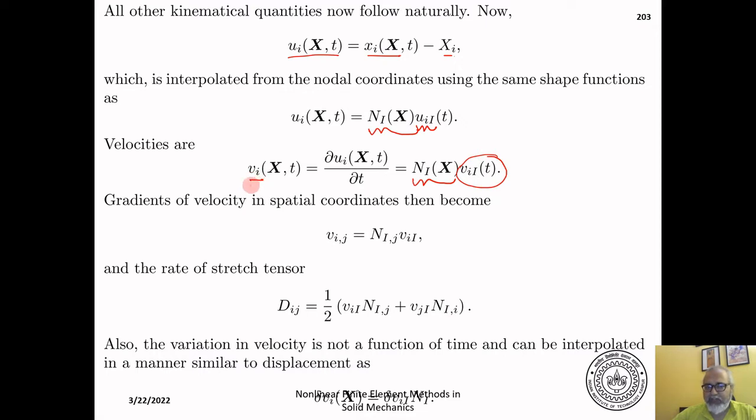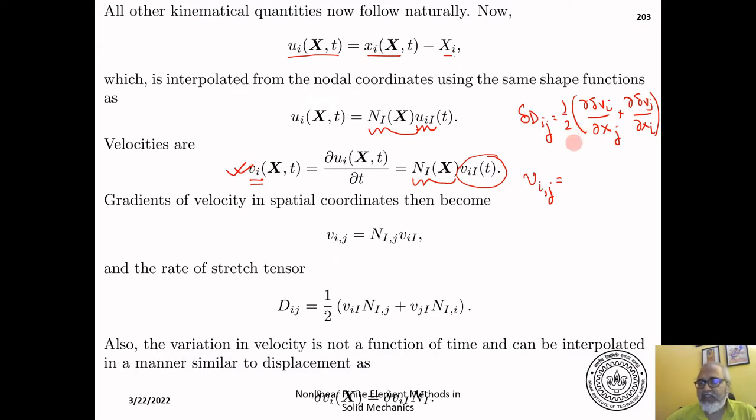Derivative of this, remember, we need to calculate delta dij, which is half delta vi, del small xj plus delta vj, small xi. So these are derivatives with respect to the current configuration because you are using an updated Lagrangian procedure. So we need to get, say, vi comma j, which is easily obtained from this.